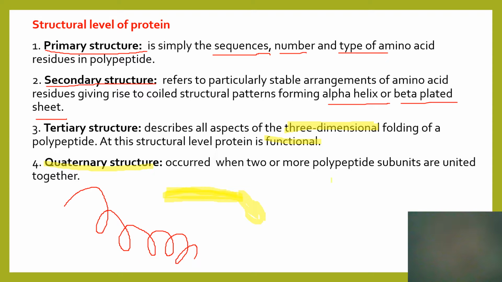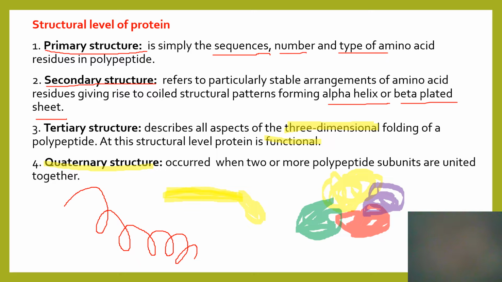For example, if this is one polypeptide molecule, and if we change the color, this is another polypeptide molecule, and this is another, and another, therefore this protein molecule has 4 polypeptide molecules that are assembled together.